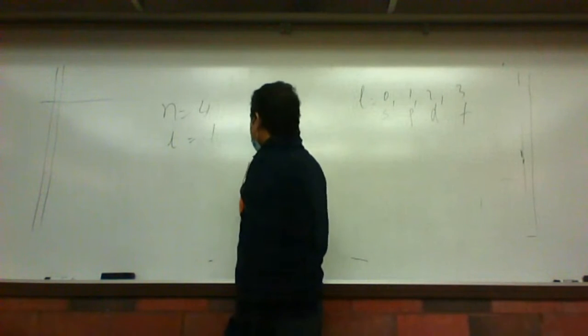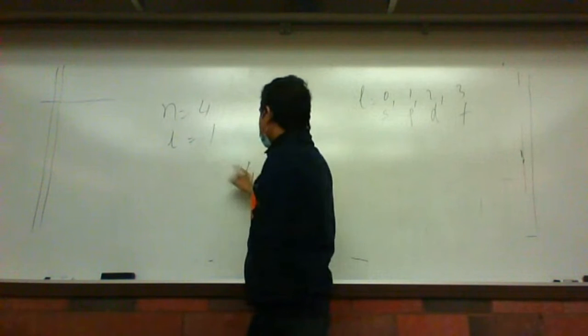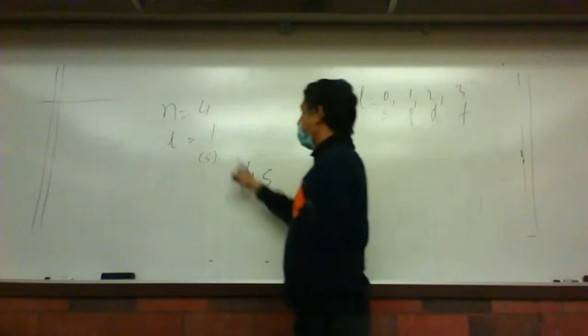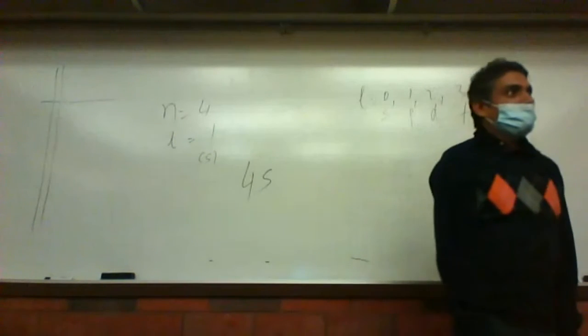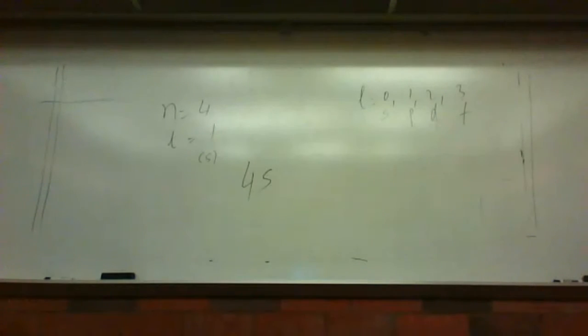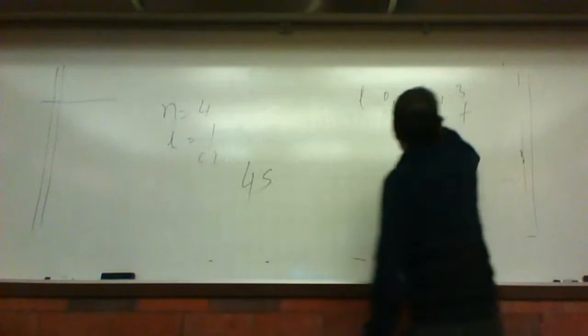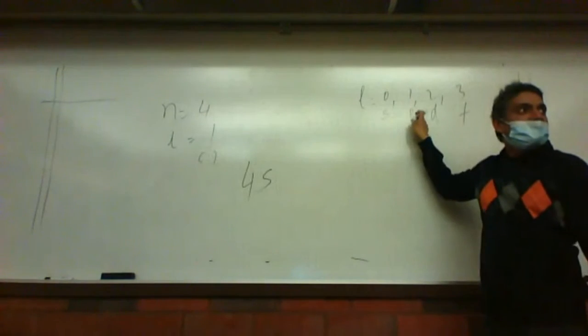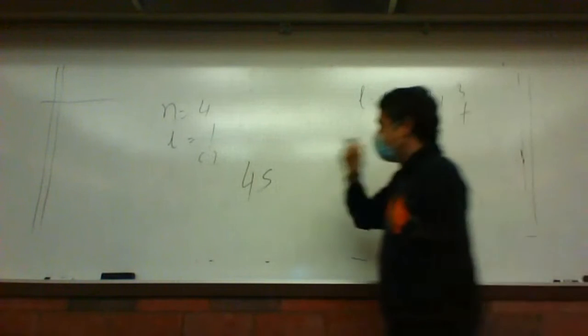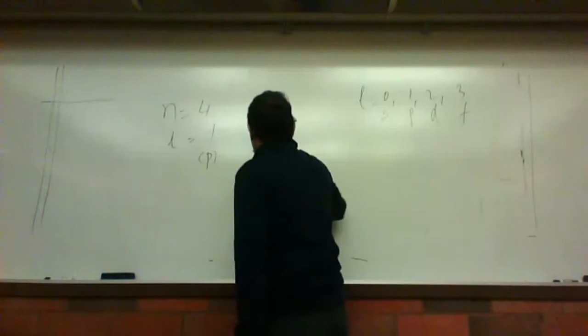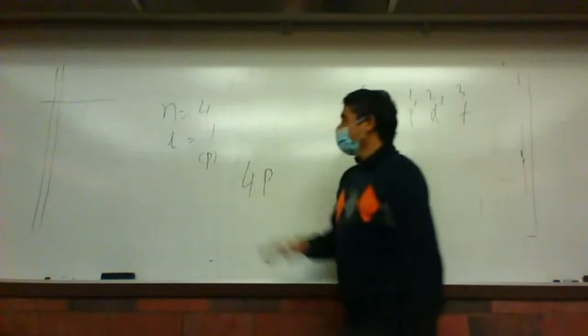So n is 4, and L equals 1. Oh, sorry, not S. You see here, 1 is P, not S. So this is 4p.